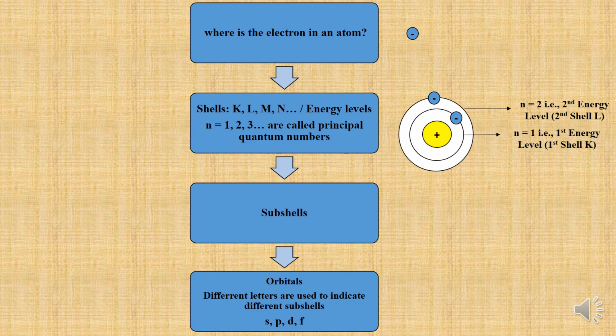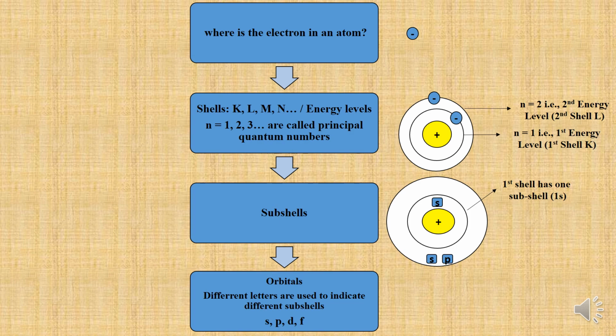Within the shells, you find the subshells. The first shell has one subshell, 1s. Second shell has two subshells, 2s and 2p.